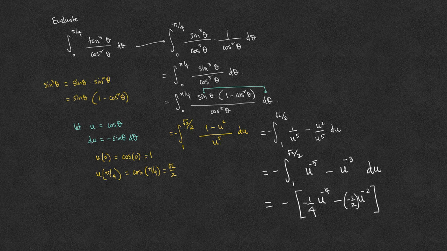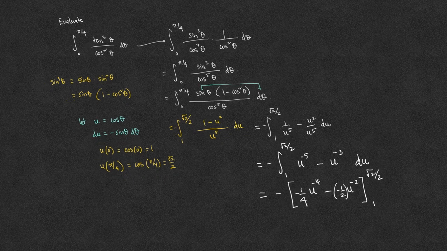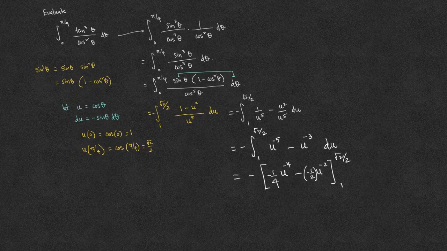And we evaluate from 1 to root 2 over 2. If we don't want to write many negative signs, we can switch the lower and upper limits of integration. This is now positive 1 over 4 u to the negative 4. Negative over negative 1/2 is positive, but then because of the negative sign in the front, we have negative 1/2 u to the negative 2.